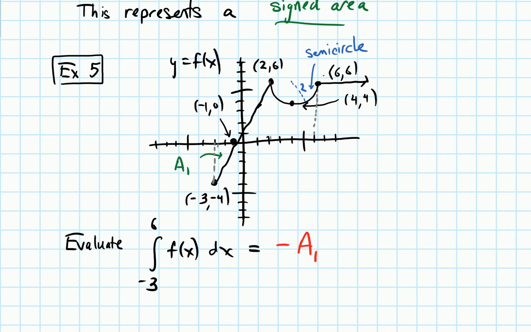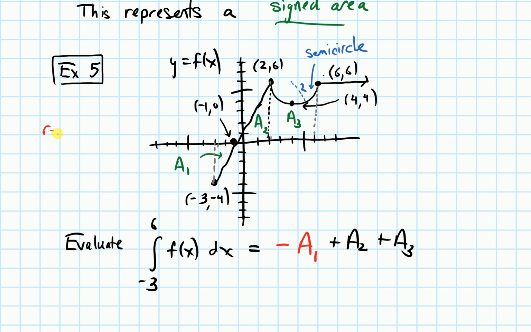Well, if I were to draw a dashed line up here, I get another triangle. I'm going to call this A2. That's going to be a positive area because that part is above the axis. And then there's one more region over here, A3, which is also positive.